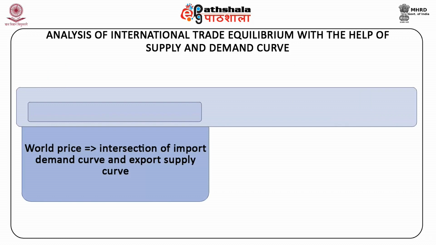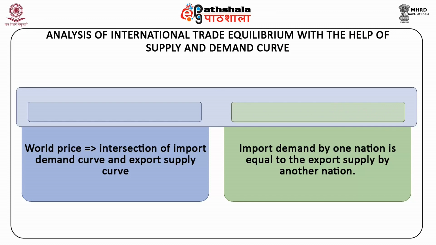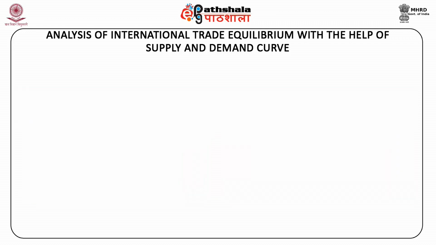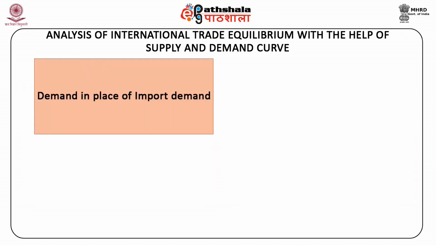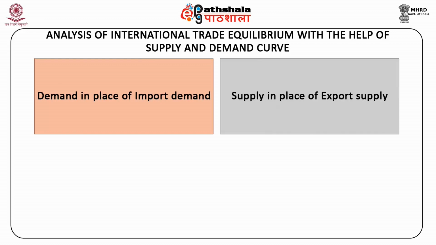The world price is determined by the intersection of the import demand curve and the export supply curve. At the point of intersection, import demand by one nation is equal to the export supply by another nation. For simplicity, we have used demand in place of import demand and supply in place of export supply.